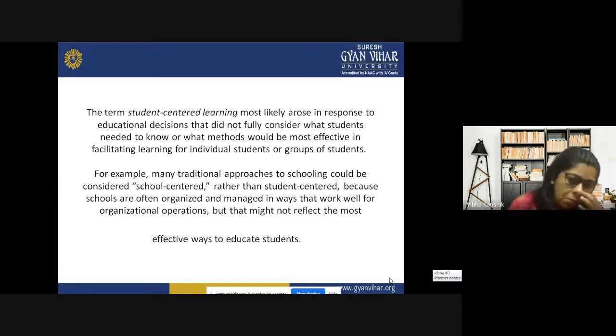For example, many traditional approaches to schooling could be considered school centered, which means focusing on the school rather than the student. Many schools are following the traditional way of teaching students, and so they are not able to satisfy the needs of the learner.